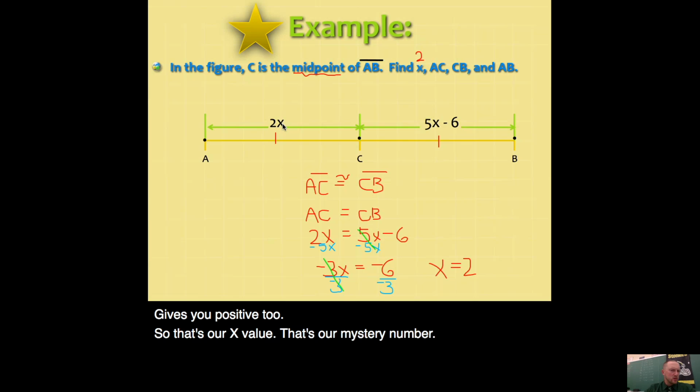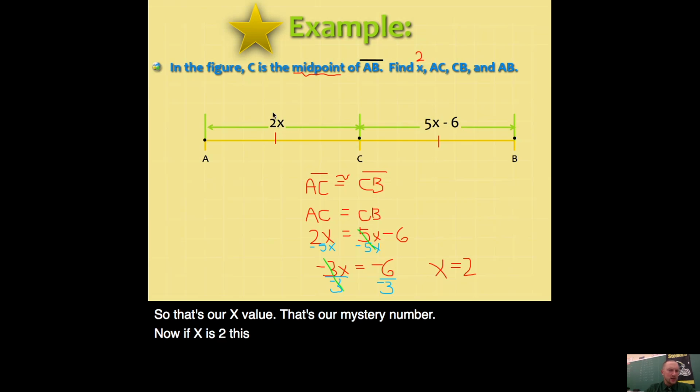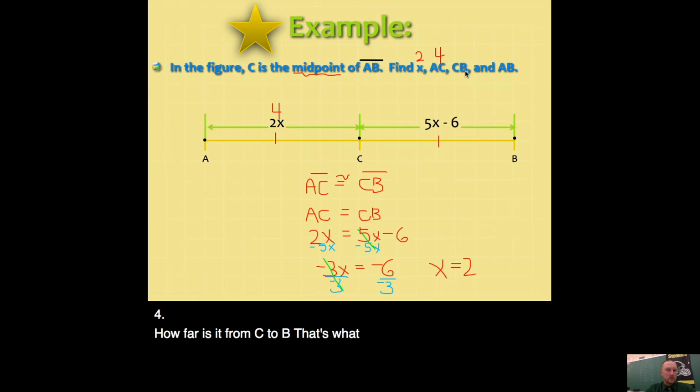Now, if x is 2, this is read 2 times x. 2 times 2 is 4. That's how far it is from A to C. 4. How far is it from C to B? That's what they're asking here. 5 times 2 is 10.